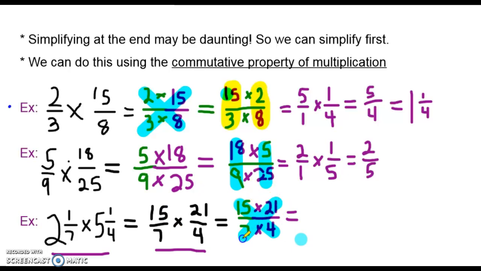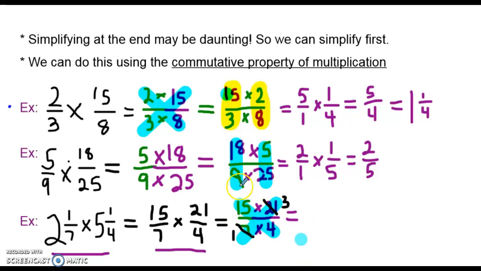So now I have 21 over 7. Can I simplify 21 over 7? Well, sure I can. 21 over 7 is the same as 3. In other words, 7 is a common factor, so 21 divided by 7 is 3. And using 7 as my common factor again, 7 divided by 7 is 1.